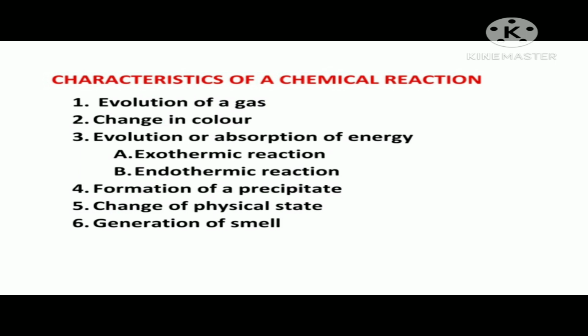A gas may be produced, there may be a change in color, heat may be absorbed or produced, a precipitate may be formed, there may be a change in state, that means solid, liquid, and gas. And sometimes there may be a generation of smell. So let's discuss the characteristics of a chemical reaction in detail.